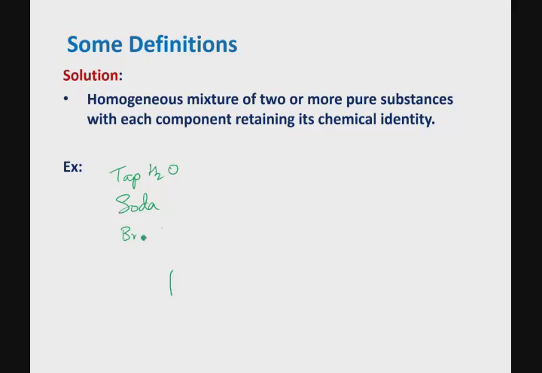Brewed tea and brewed coffee are solutions as well. Air is a solution. Air on a clear day when you do not see fog or moisture is a homogeneous mixture of several components. Blood, as long as it's not coagulated, as long as it hasn't solidified, is a solution.